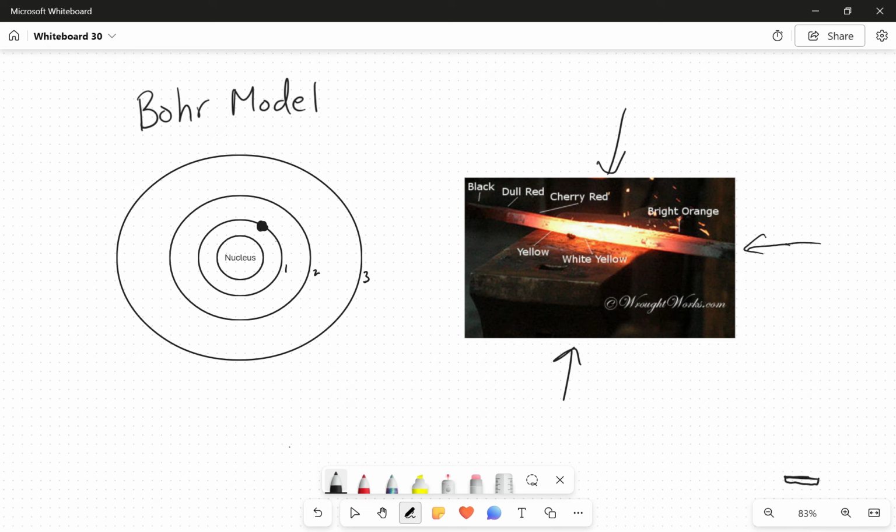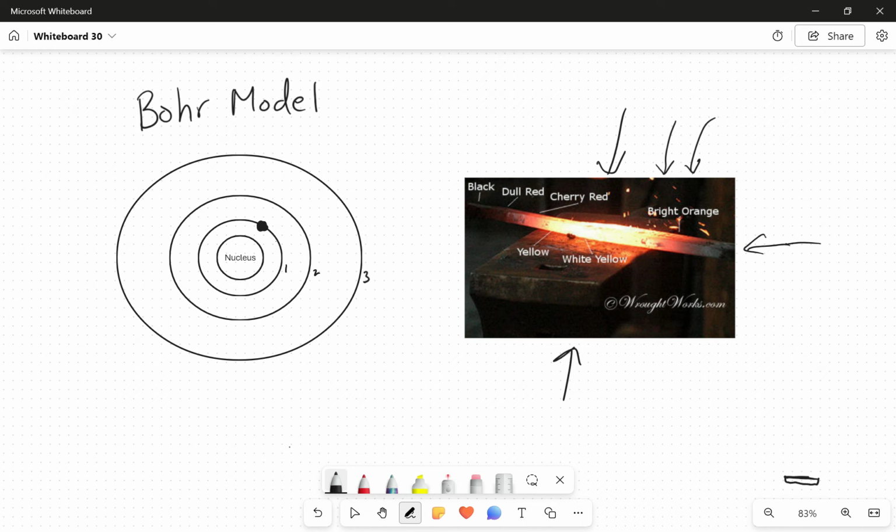Now, Bohr says that the electrons can only exist on these rings in these energy levels. And he says that these electrons can never exist anywhere but these energy levels. Okay? And Bohr points to the experiment done by Max Planck as evidence of this.